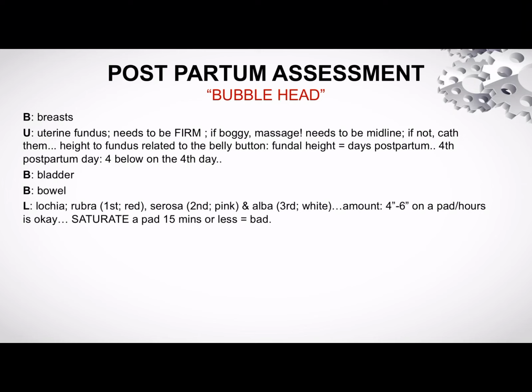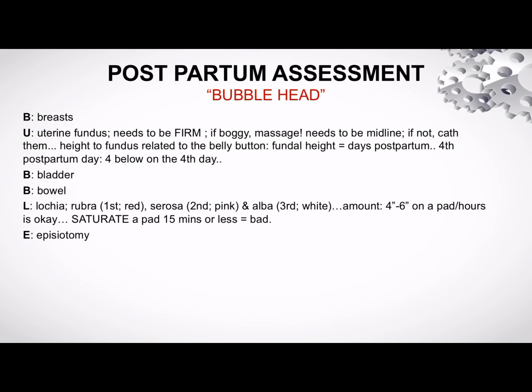And on the later days, we will observe a white discharge, which is called lochia alba. Okay? And the amount should be 4 to 6 inches on a pad per hour. That is a normal amount that the mother should have. And saturating a pad in 15 minutes or less is a bad sign. That means the patient is excessively bleeding.